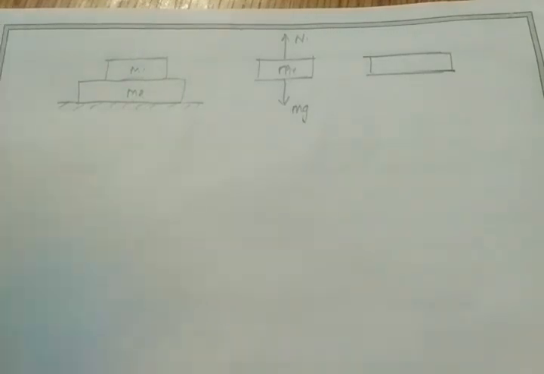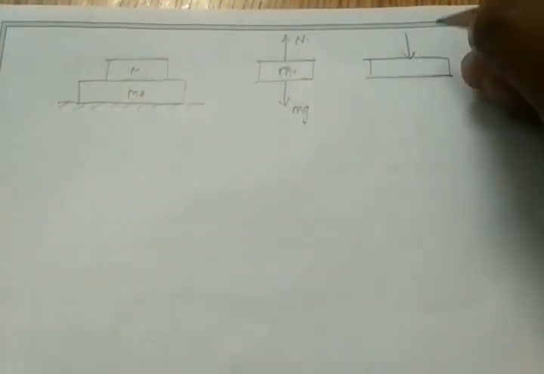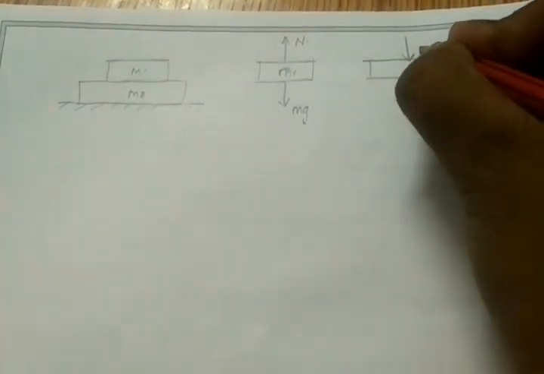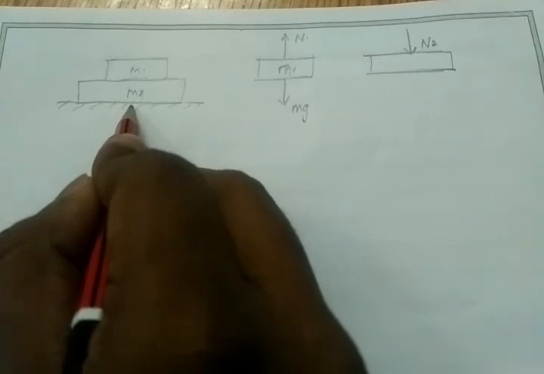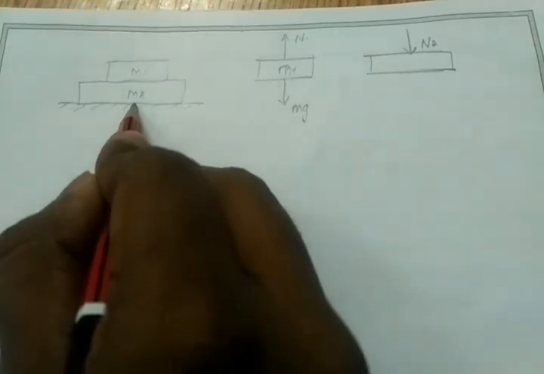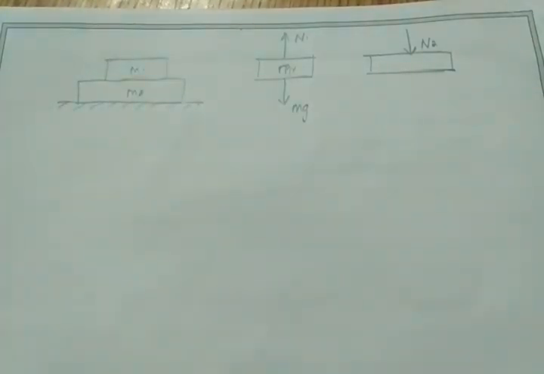M1 is pressed against M2. So M1 provides one normal force which compresses M2. So we can draw a force like this. This is my N2. Clear? Then the floor provides some normal force which compresses the mass M2 upwards.